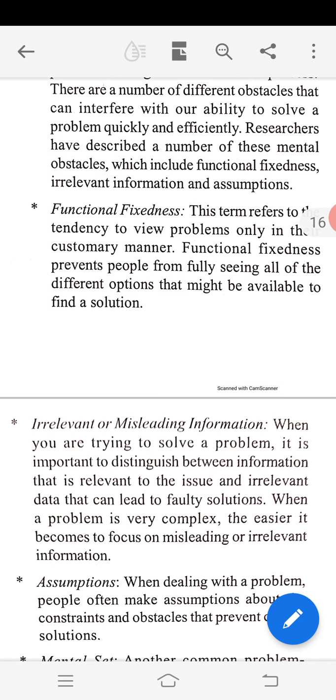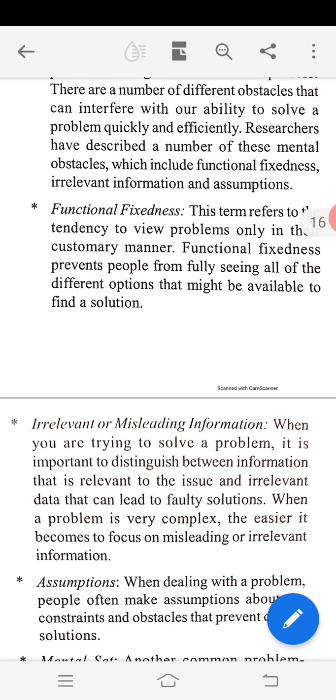Then irrelevant or misleading information. When a person tries to solve the problem, first find out whether the information is relevant or not relevant to the issue, because irrelevant data or objects lead to wrong solutions.